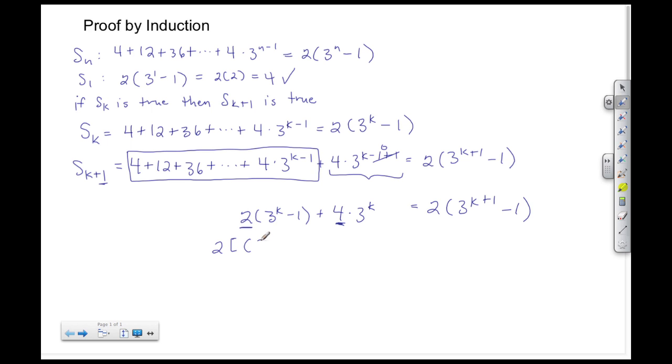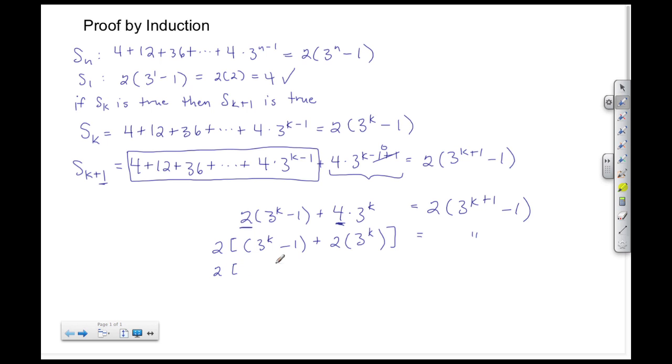This leaves me with 3 raised to the k minus 1 plus 2 times 3 raised to the k, because I factored out a 2 from that 4. Square bracket to close that off. I'm just using caret marks to show that this expression is brought down. Next, I can reorder the terms inside my square brackets to make it easier to factor.